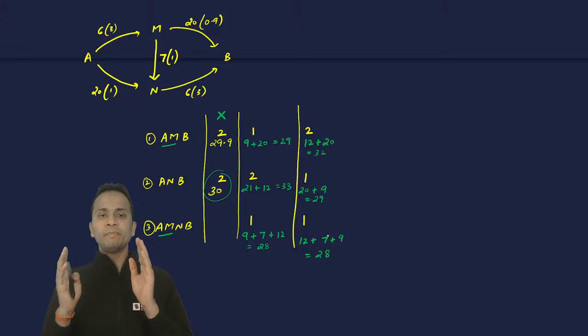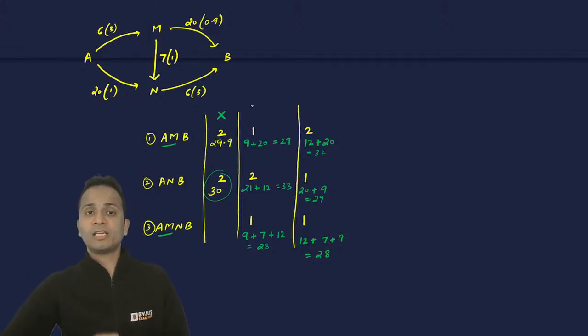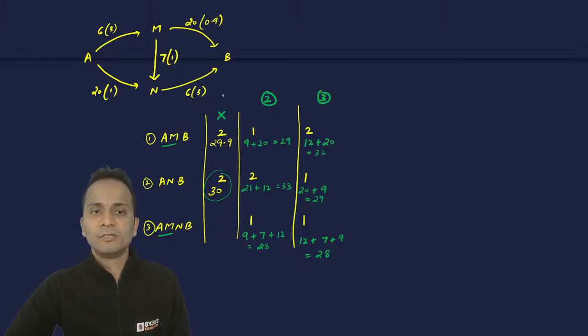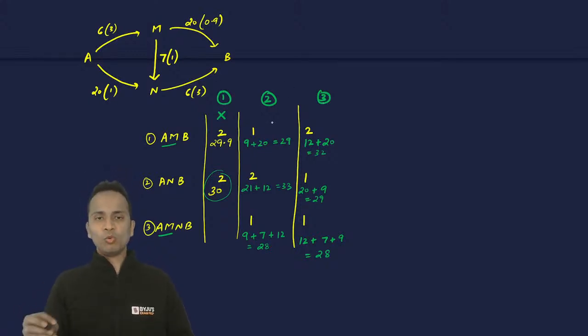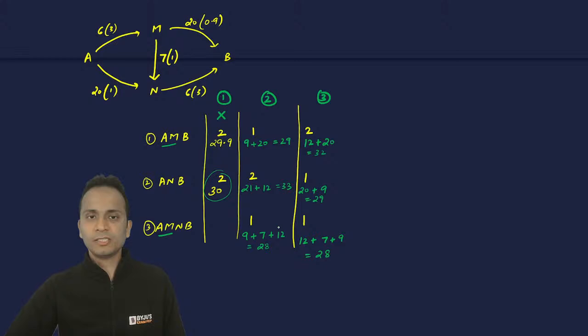Okay. Now compare the second case with the third case. Okay. Now what has happened in these two cases? One car has switched from the second route to the first route. Okay. Now earlier this car was taking 33 minutes.